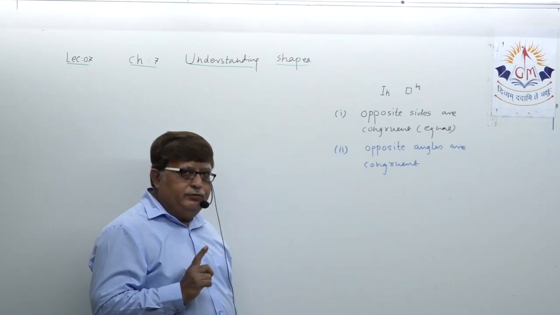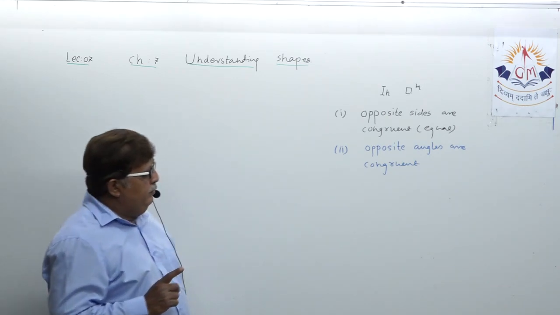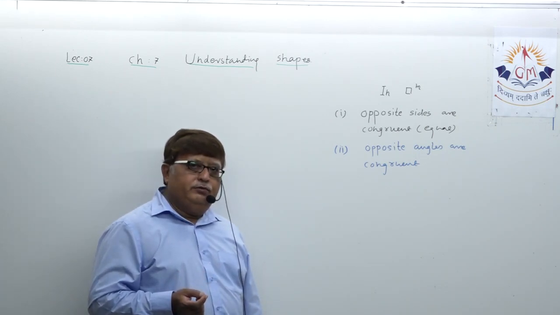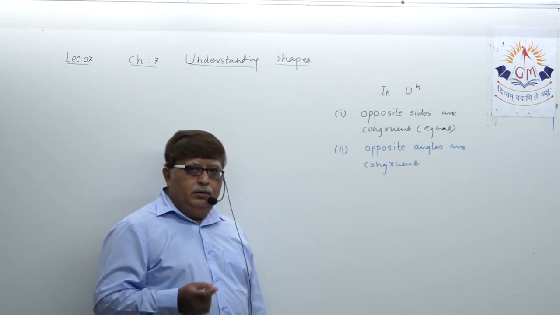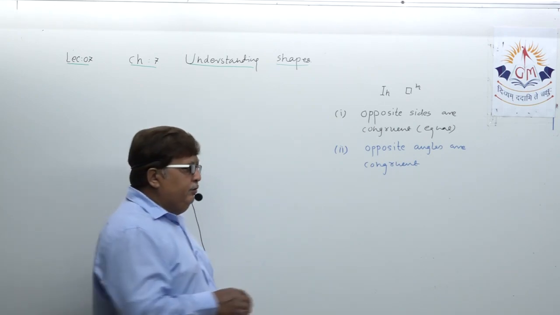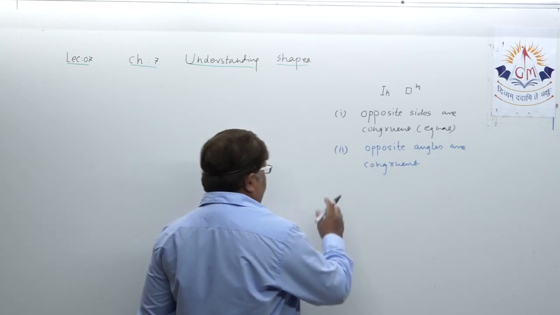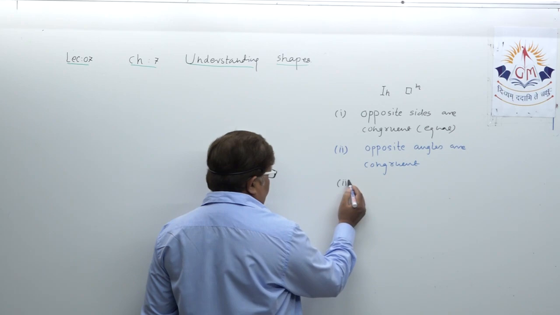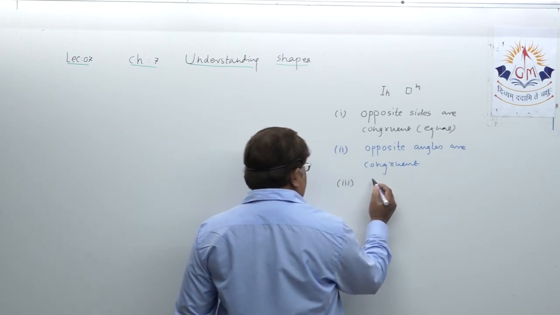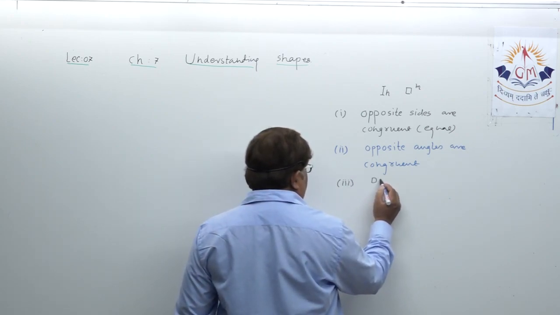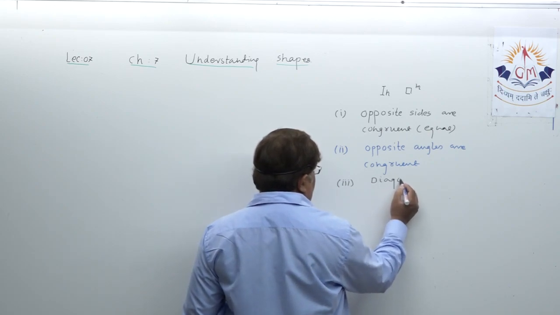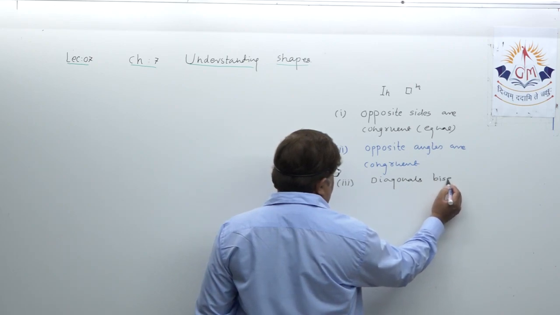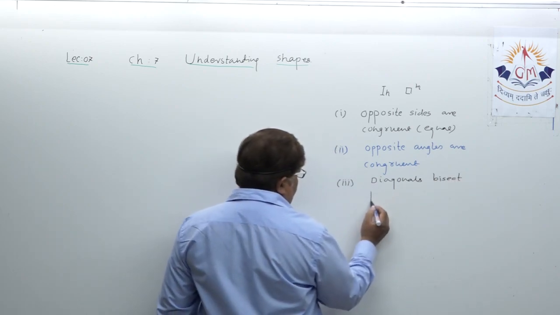You have to keep each and every concept in your mind. Two properties. Opposite sides are congruent, we studied. Opposite angles are congruent, we studied. And third property, dear student, what we studied, that diagonals bisect parallelogram.